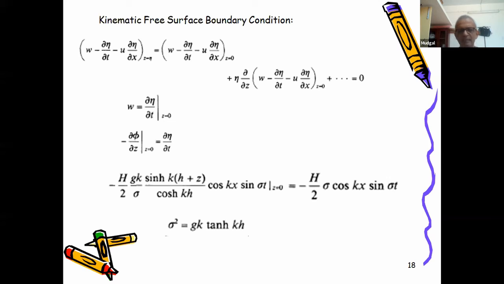Because this is an implicit equation, this is an all important equation for small amplitude wave theory, and we got it by solving the governing equation del square phi equal to 0 by applying the bottom boundary condition, then the lateral boundary condition, then the kinematic free surface boundary condition, and the dynamic free surface boundary condition. And finally, this is what you get.